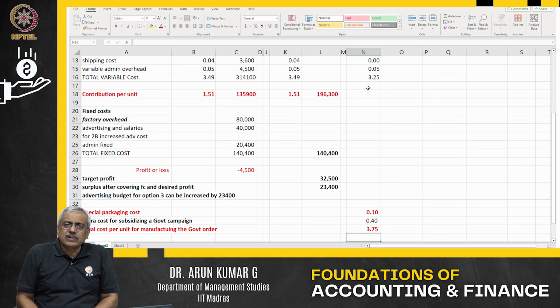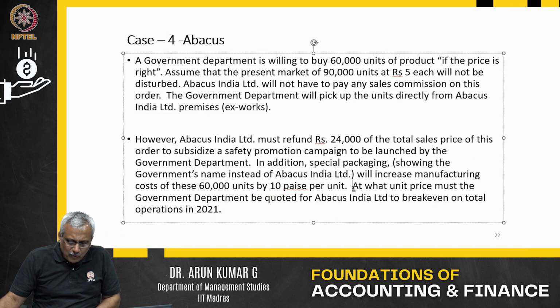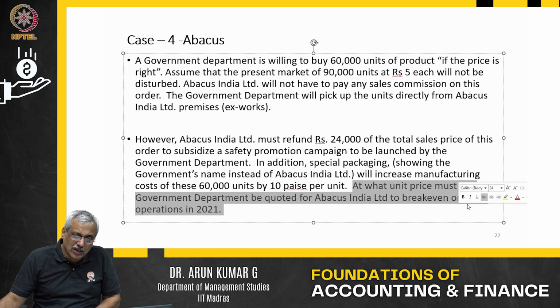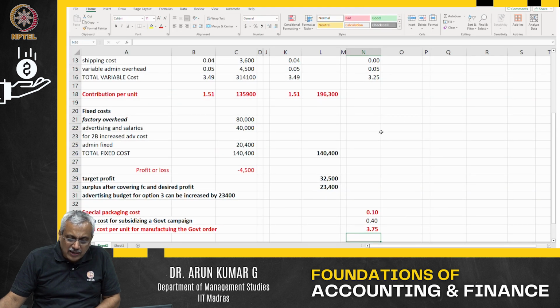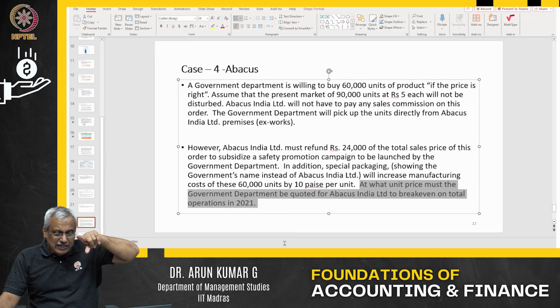Now what is the objective? The objective is, in this problem, at what unit price must the government order be quoted for Abacus Limited to break even on total operations, that is, no loss, no profit. Please note, there is no fixed cost for this order because all the fixed costs are borne by the existing 90,000 units, which will not be disturbed.